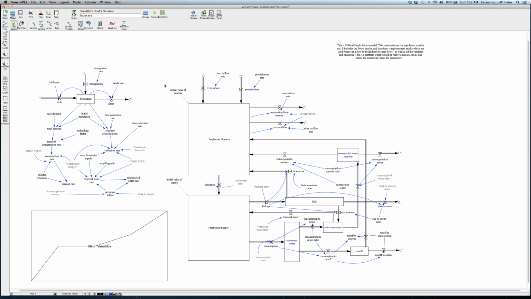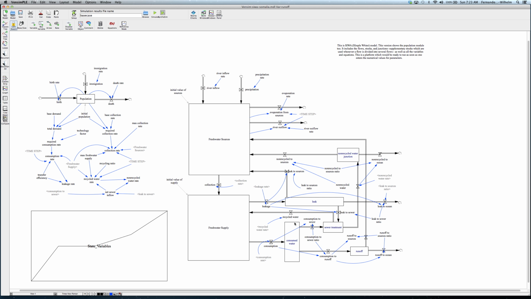As you can see, the model, as we discussed in class, has three principal stocks: population, which is located here, the freshwater sources located here, and the freshwater supply located here. Because of the number of variables involved, this model makes use of what I would call secondary stocks.